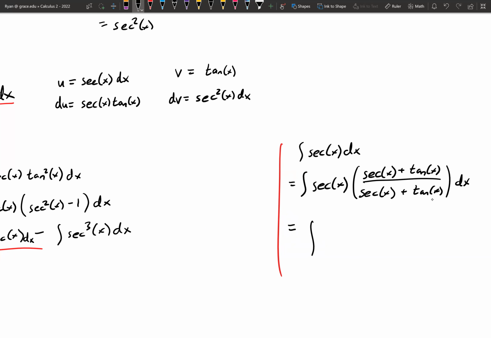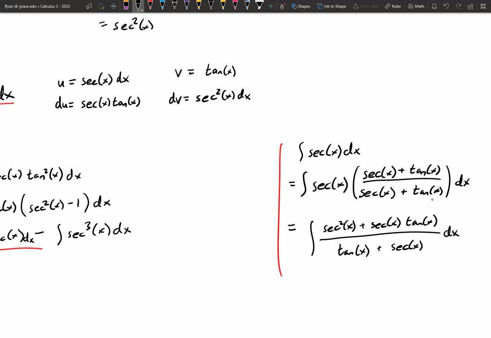So that's equal to the integral of, I'm going to multiply across the top, and then write the bottom in the opposite order. So integral of secant squared of x plus secant of x tangent of x over tangent of x plus secant of x dx.